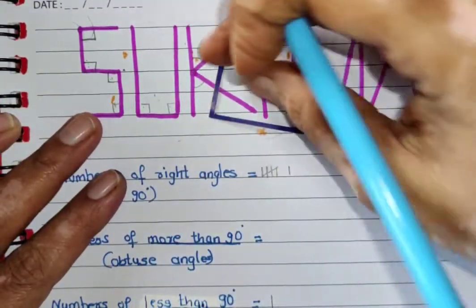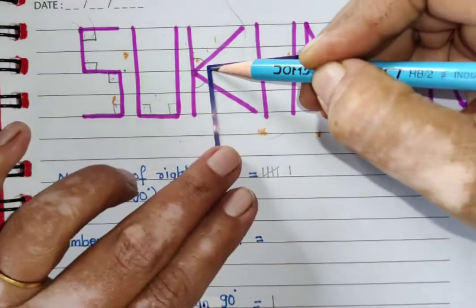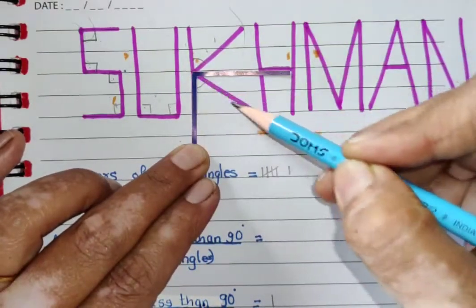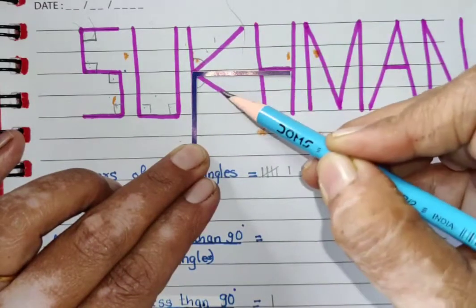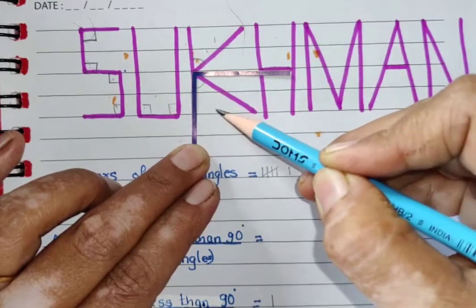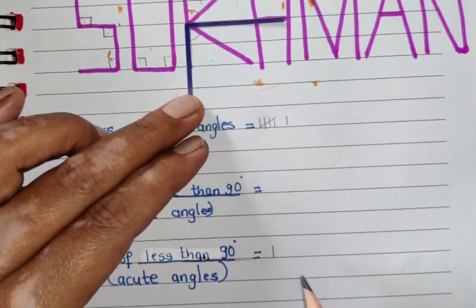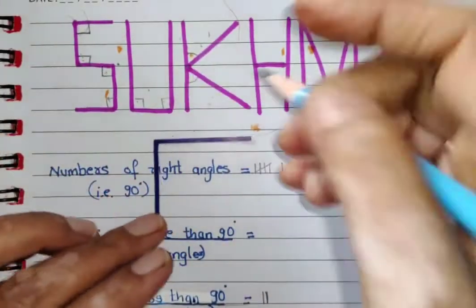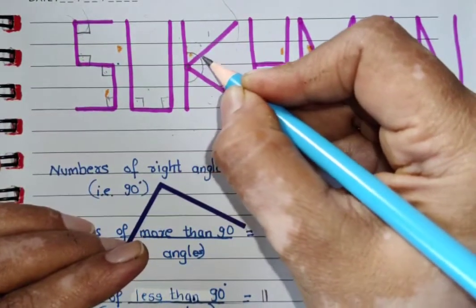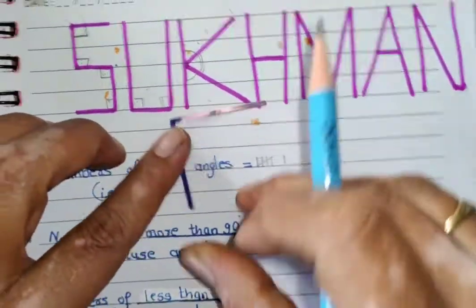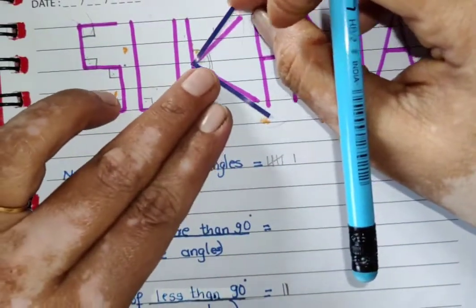Again we have to overlap one vertex with one arm of the 90 degree angle, and again this angle is inside 90. This arm is not overlapped by this line, so this is also an acute angle. So we are going to write one more line in acute angle. Then we have to count for this one. Correct? Now look here, here is one arm and this thing. So let's see what it is.